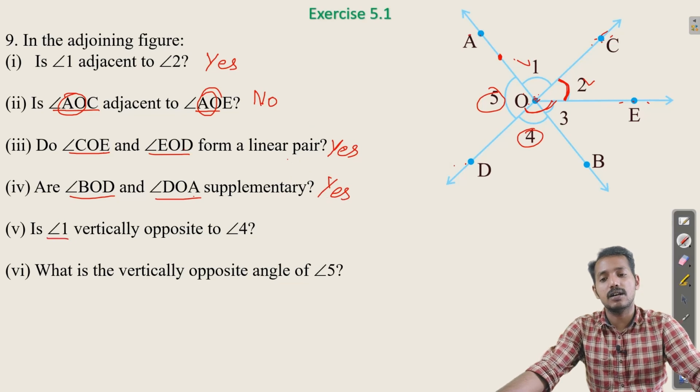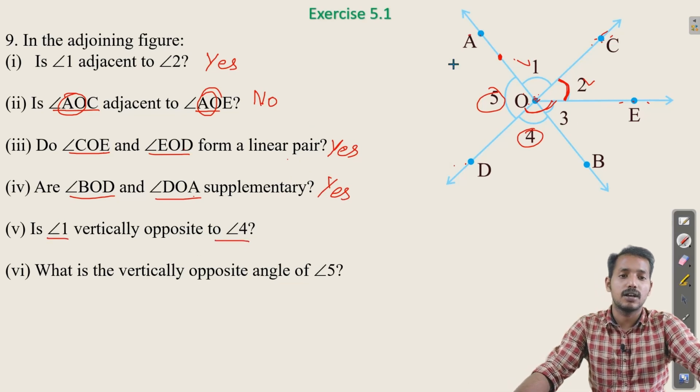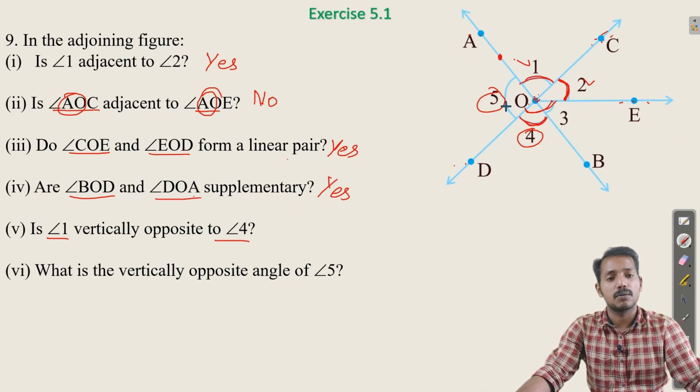Next: is angle 1 vertically opposite to angle 4? Angle 1 is this. Yes, because angles 1 and 4 are opposite angles formed when the lines CD and AB intersect at the point O. So they are vertically opposite angles.